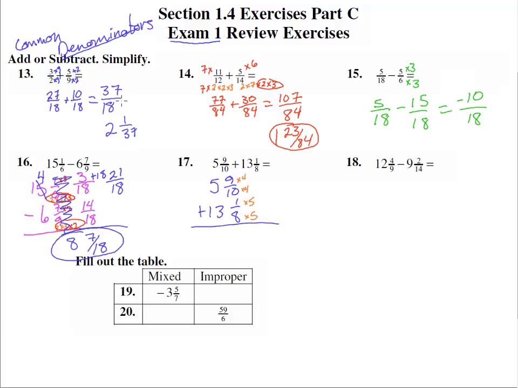So with common denominators, we get 36 40ths plus 5 40ths. And we can now get rid of those guys. Good. Common denominators. 36 plus 5, that's 41 40ths.